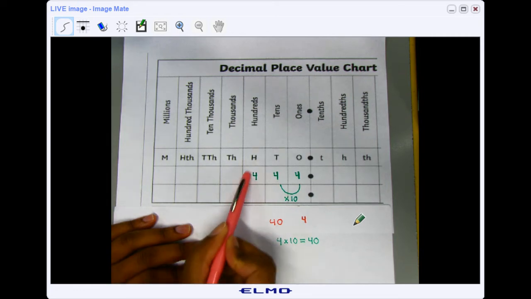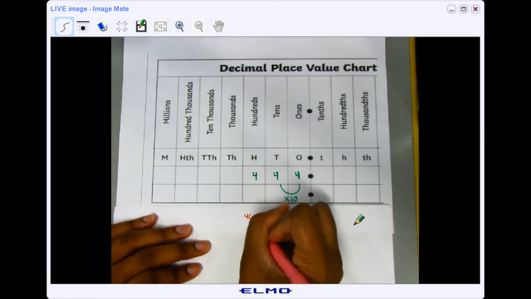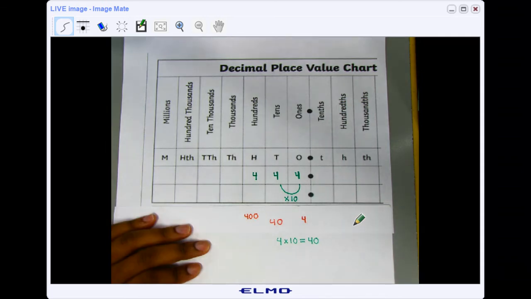What's the value of a 4 in the hundreds place? It would be 400. So remember, we're trying to prove that the 4 in the hundreds place is 10 times larger than the 4 in the tens place, because any place value is 10 times larger than the one directly to the right.